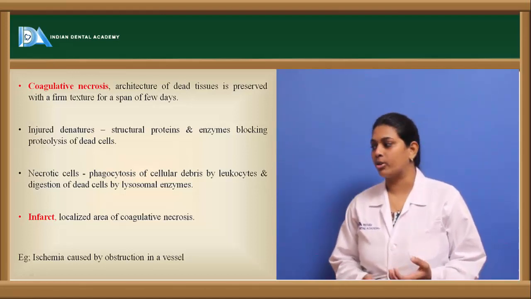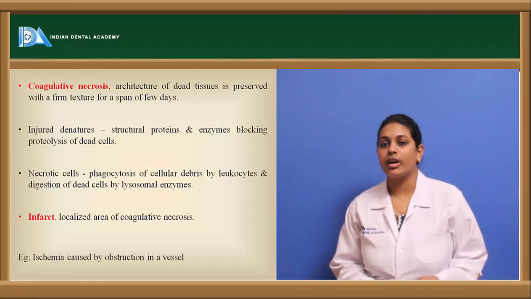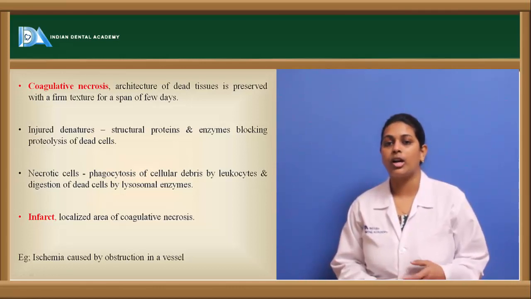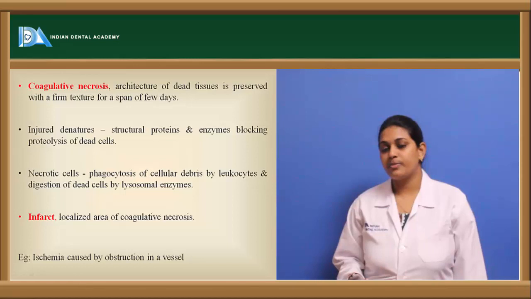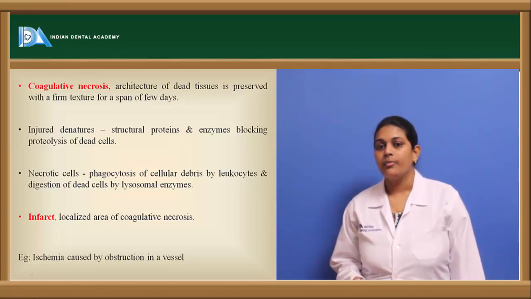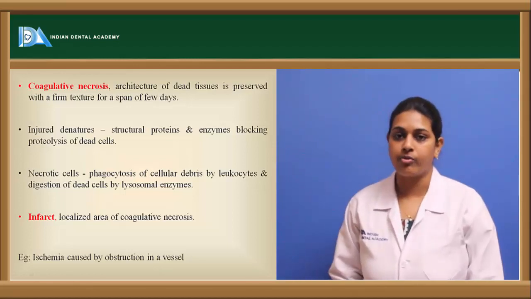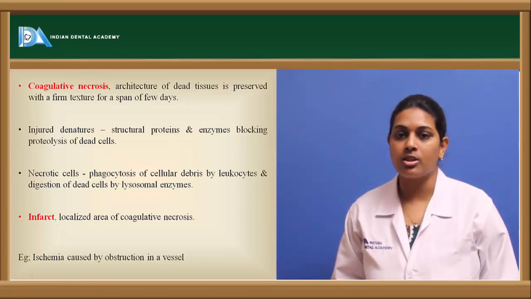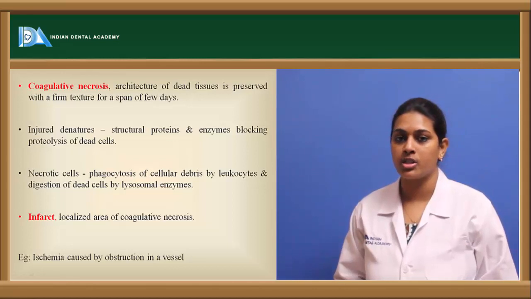A localized area of coagulative necrosis can be called an infarct. This is majorly seen in ischemia, that is decreased blood flow with decreased oxygen supply because of an obstruction in a vessel.